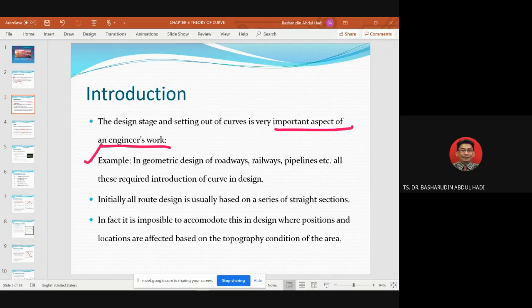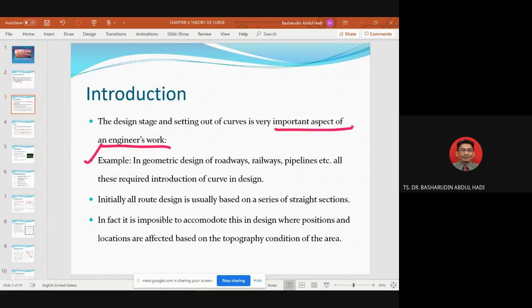For the railways, you must do the survey to peg the alignments on the ground. It includes the straight lines and the curves, and you must make sure that if the train reaches 100 or 200 kilometers per hour, when passing through the curve, the train or car cannot overturn. Overturn means terbalik. The car would collapse because of the speed, so the curve must have a special design because it involves the laws of physics.